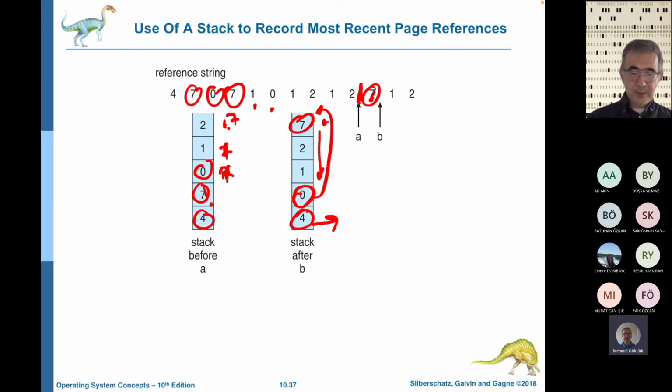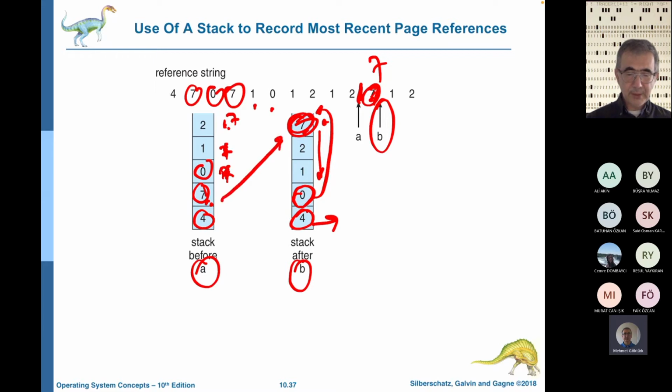So at this point, that is before A. At this point, that is before B. After B, because 7 is referenced there, 7 goes to the top, taken from the bottom, goes from here to here, with the reference done just before the B.